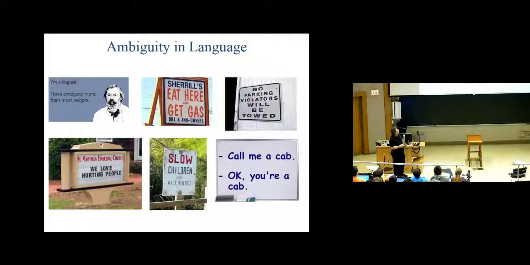So it could be parsed as no parking violators will be towed, or no parking violators will ever be towed, which means you have a free pass to park there if you want. Call me a cab. Okay, you're a cab. That's actually a line from a movie. I don't know if you've ever seen that movie, but, right? We love hurting people, right? Hurting could be a verb or it could be an adjective, and they're very, very different meanings, right?